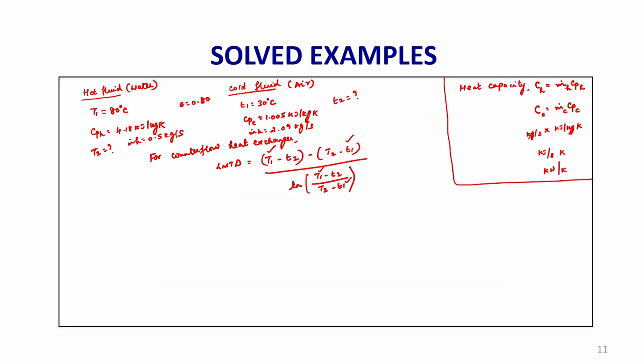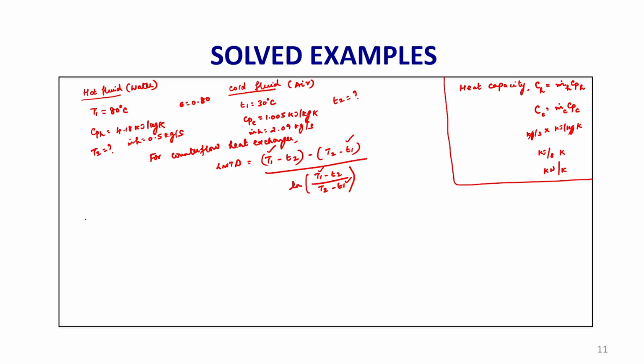So, the first step in the heat exchanger design by NTU method, we have to find out the heat capacity. Okay. So, heat capacity of hot fluid, that is CH, mass flow rate of that hot fluid multiplied by its Cp value, m dot h into Cph. So, m dot h is given, 0.5 into 4.18.